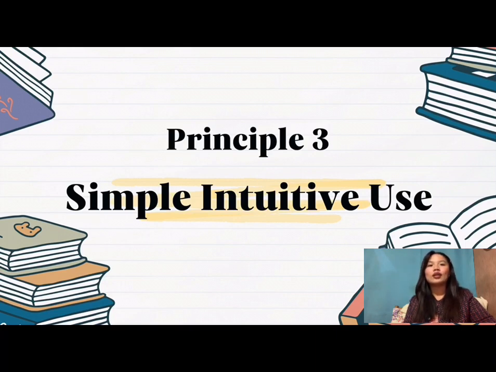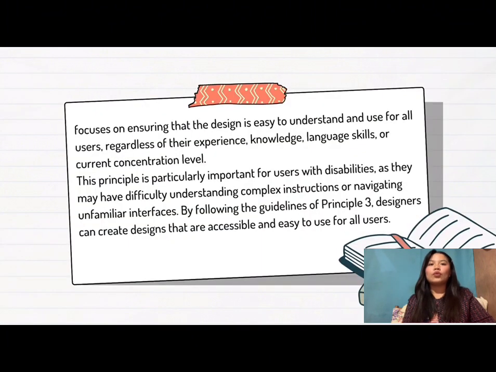So let's start with principle 3, also known as simple and intuitive use, which focuses on ensuring that the design is easy to understand and use for all users, regardless of their experience, knowledge, language, skills, or current concentration level.